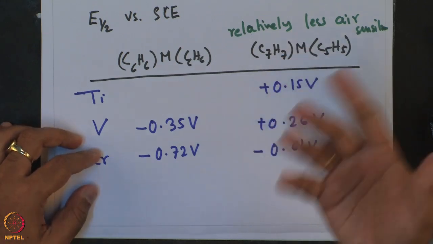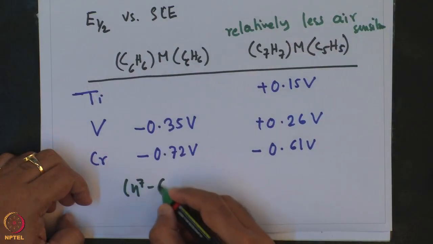Now, because these C7H7 M C5H5 complexes are less air sensitive, their radical anions can also be studied or observed.